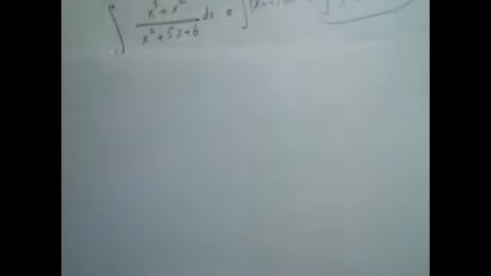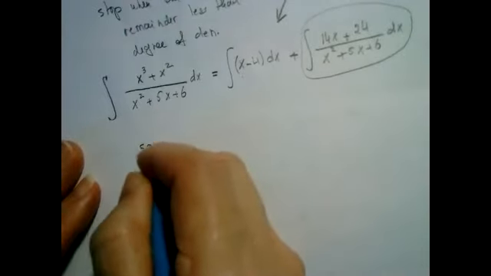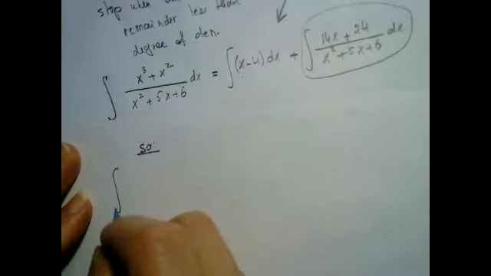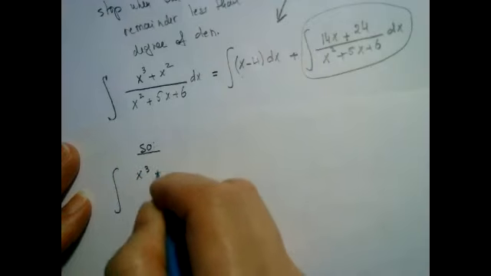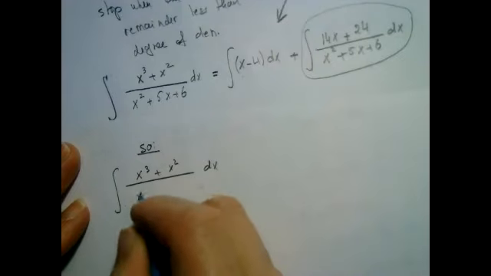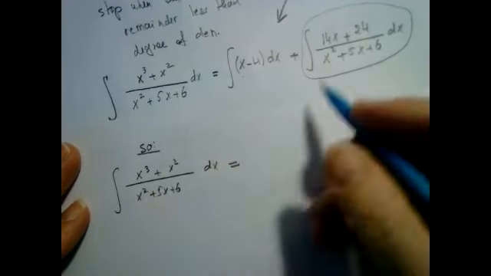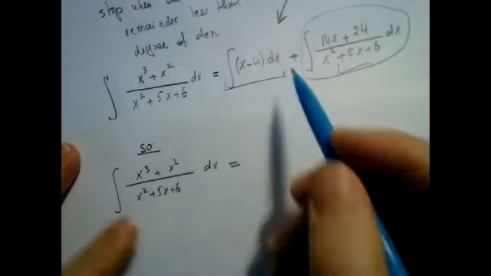So now I go back to my initial integral. The integral of x cubed plus x squared, that's my initial one, will be equal to, now I took care of this piece, it's easy.